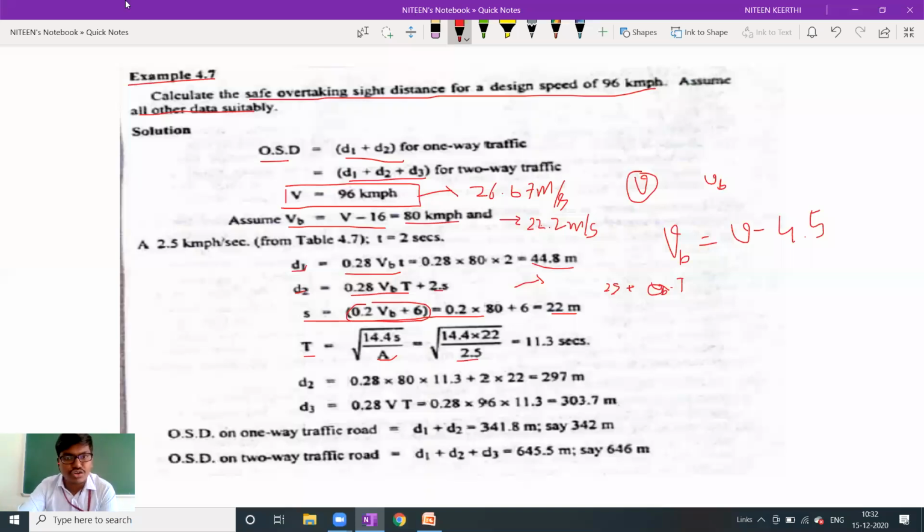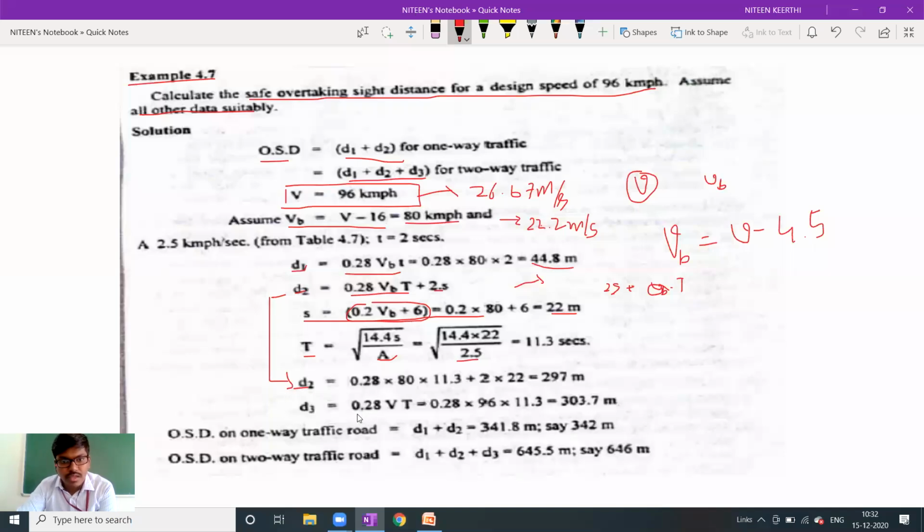The T formula becomes 14.4 S divided by A. But whenever V is given in meter per second, the formula is 4S by small a. Whenever capital V is in kilometer per hour, you take 14.4 S divided by capital A. That becomes the formula for capital T. By substituting capital T and S, we get the D2 value.